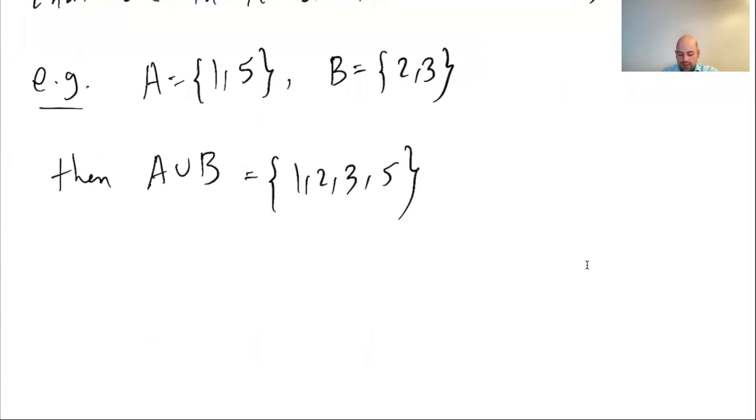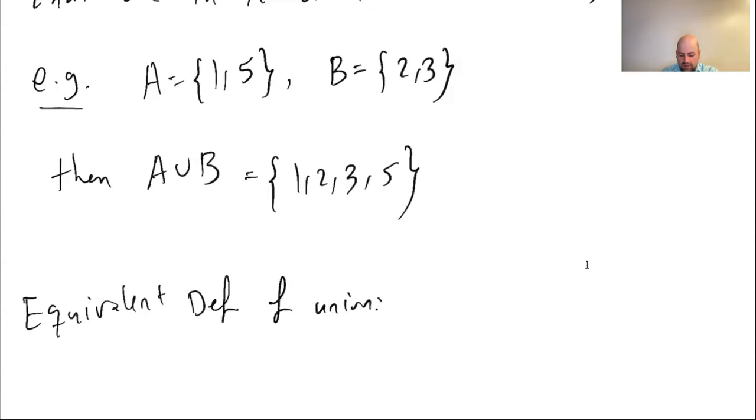All right. Now the mathematical, say equivalent, definition of union. So we can also define union with the language that we learned in chapter 1, in logic: conjunction, disjunction.